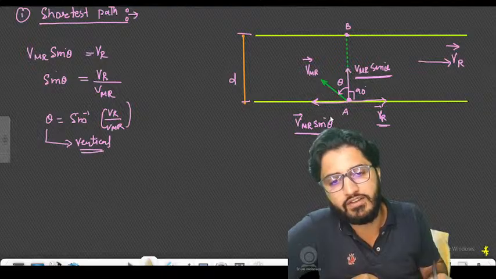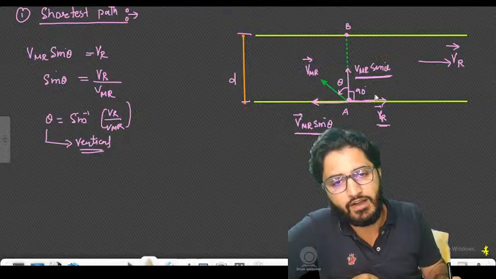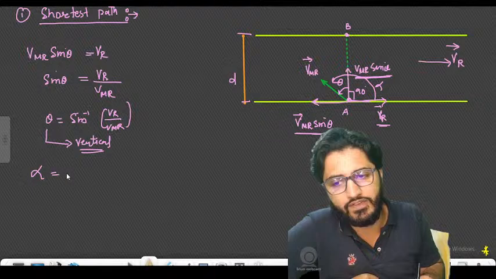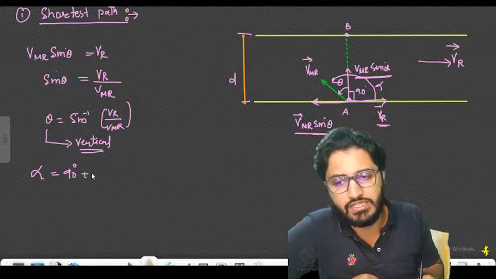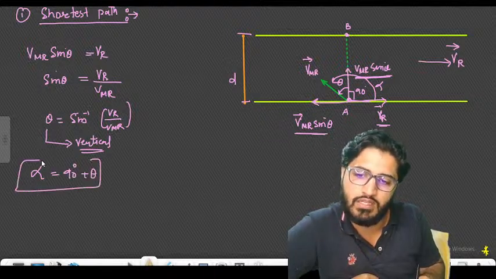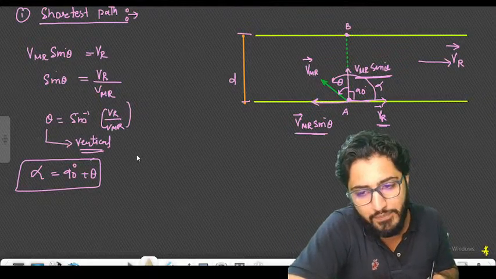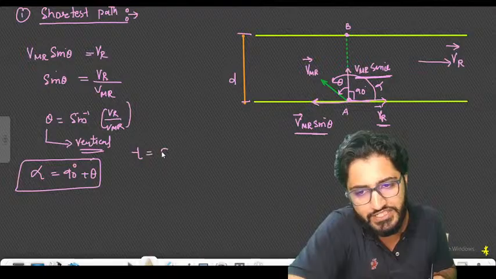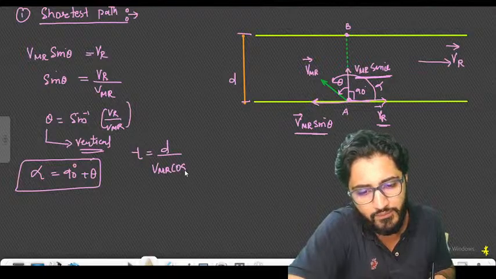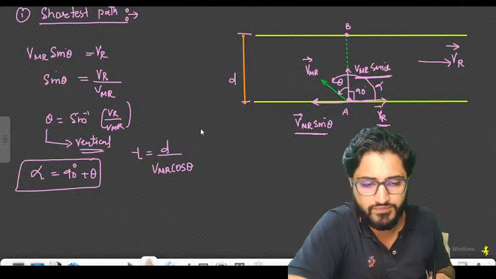If you measure it this way, it is alpha. So alpha means 90 degrees plus theta. Now what is time taken? Time is distance by speed. Distance is D. Speed will be VMR cos theta.